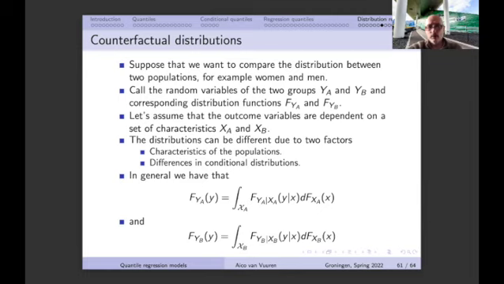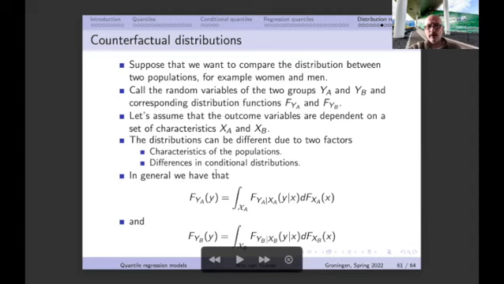Men actually make more, even in the case that they have exactly the same characteristics as women. And therefore, their conditional distributions are in fact more in favor of them. They are shifted to the right, and that is the reason why we generally see that men actually have distributions that are shifted to the right from those of the women.